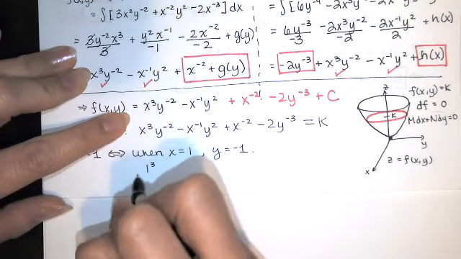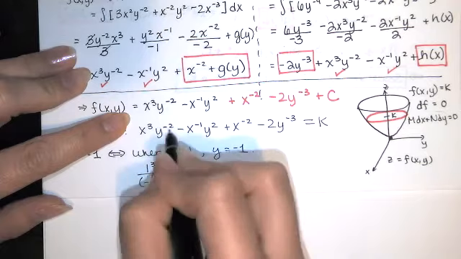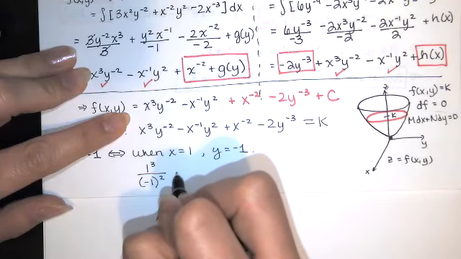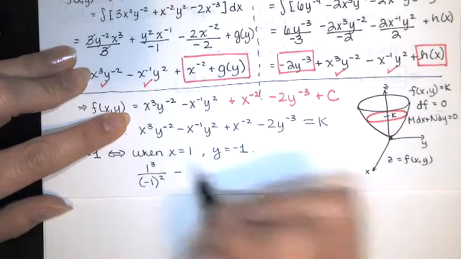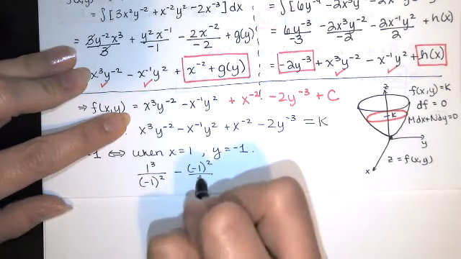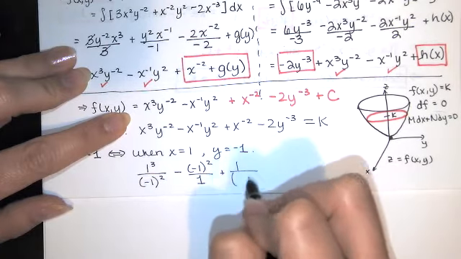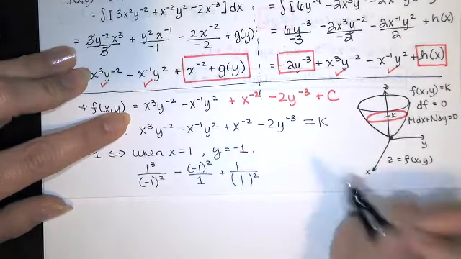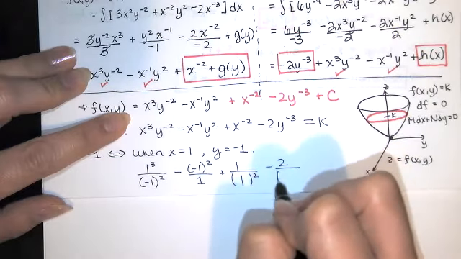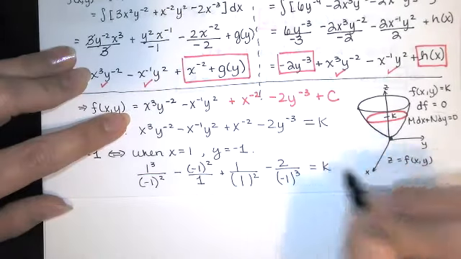So we have x cubed, which is 1 cubed, over y, which is negative 1 squared. And then over here we have minus y squared, so negative 1 squared, over x, which is 1, plus x to the negative 2, that's 1 over x squared, and x is 1, minus 2 over y cubed, and y is negative 1, and that equals k.